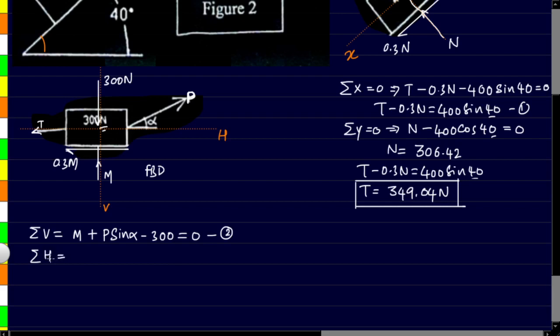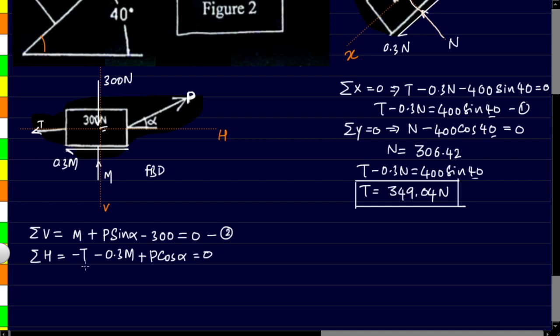Now let us take the horizontal components. T is acting in negative direction, so minus T, and 0.3 M is the friction force that is also acting on the left side, hence I'm taking it as positive. Then the horizontal component of P, that is P cos alpha, this one is acting on the right side, hence I have to take it as positive, and this total has to be equal to 0.